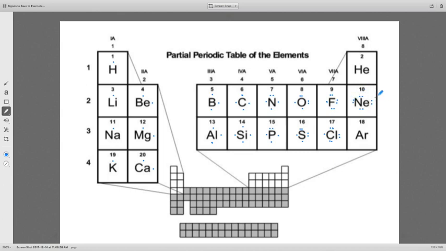So neon has 4 pairs of electrons. Argon likewise, 1, 2, 3, 4, 5, 6, 7, 8.